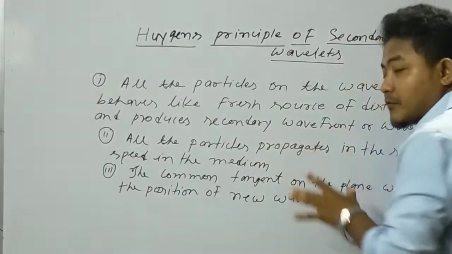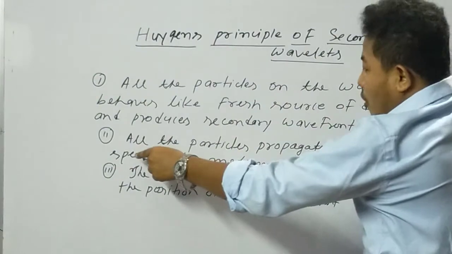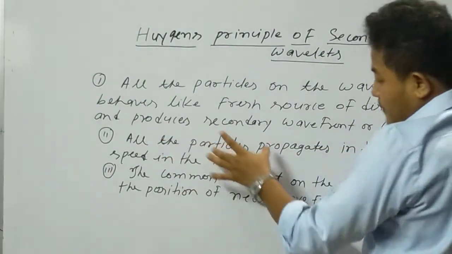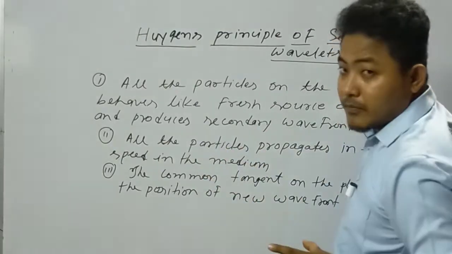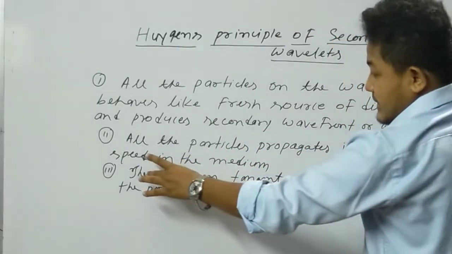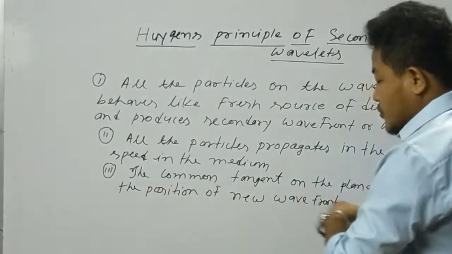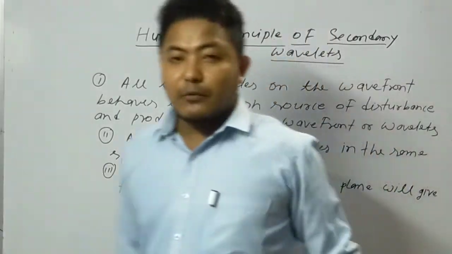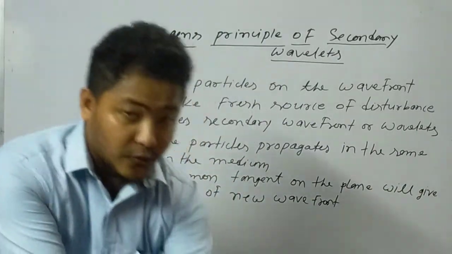These secondary wavefronts are also known as wavelets. Next, all the particles propagate at the same speed in the medium. The common tangent on the plane will give the position of the new wavefront. Now I'll elaborate these three points with the help of a diagram. Kindly note down this point.